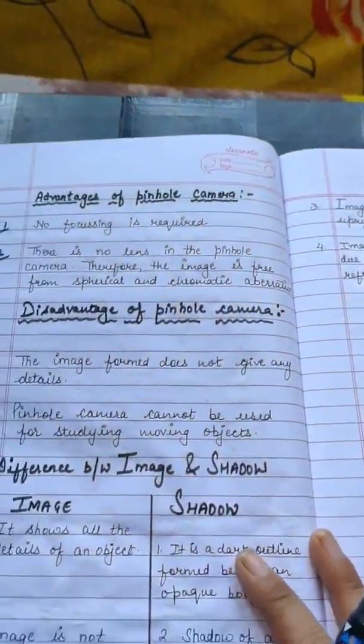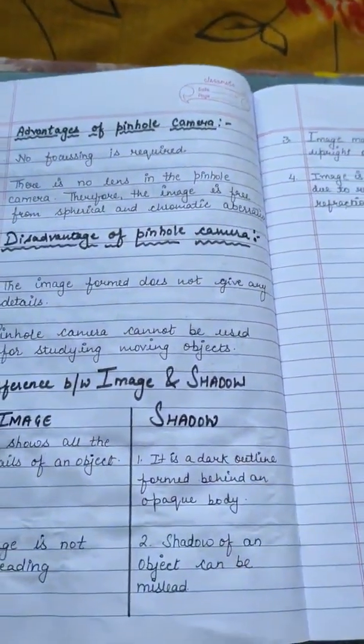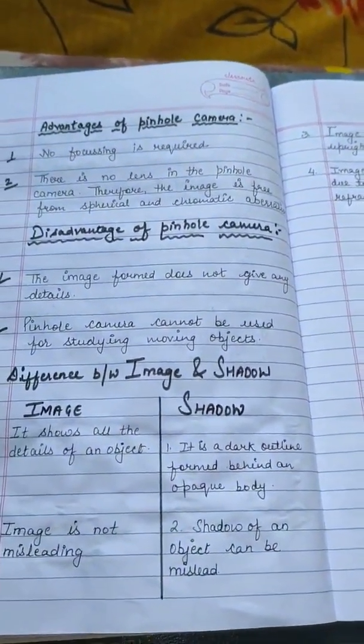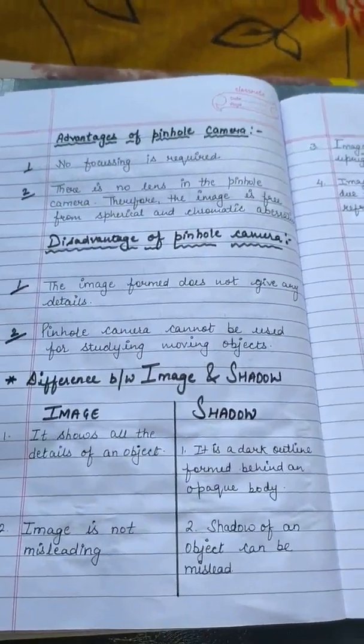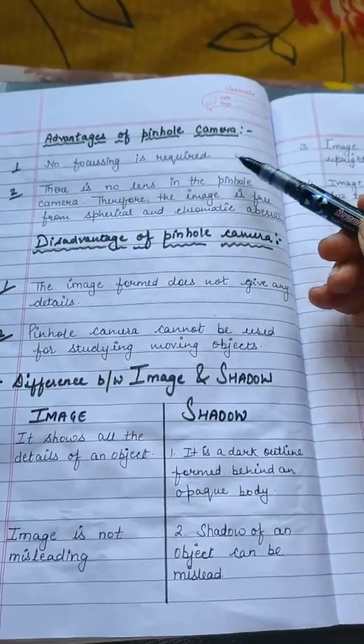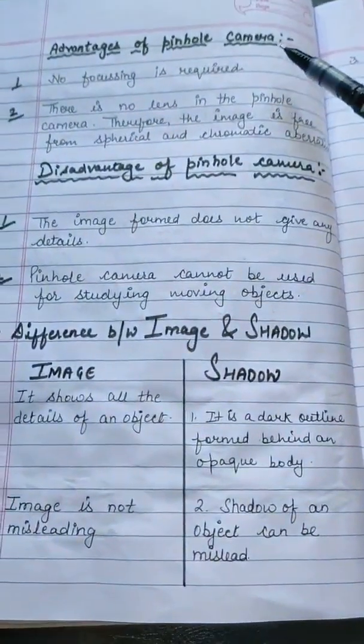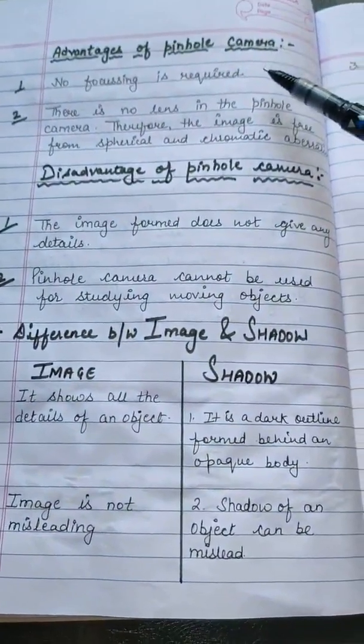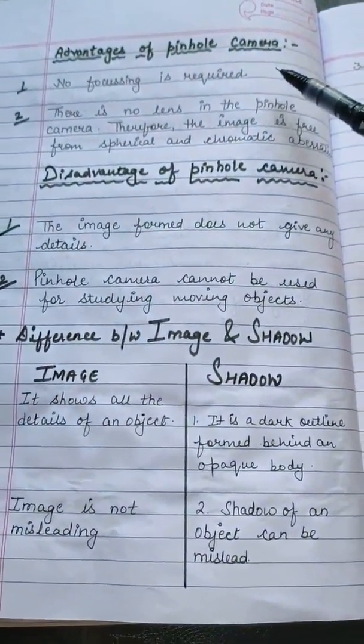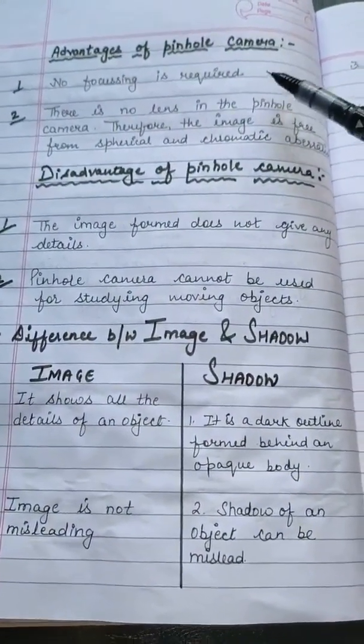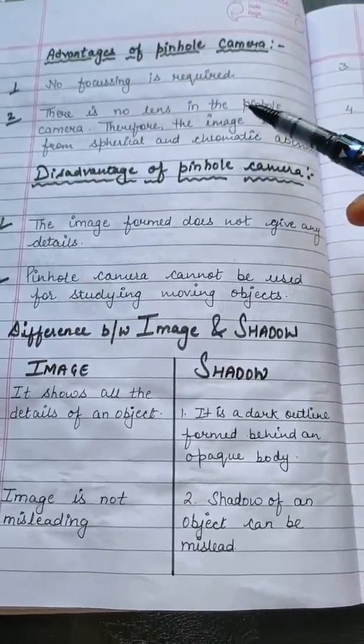Now there are certain advantages and disadvantages of the pinhole camera also. The advantages are, no focusing is required, because there is no lens. Only a pinhole is present.